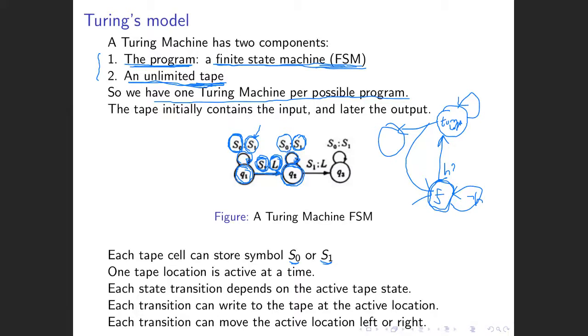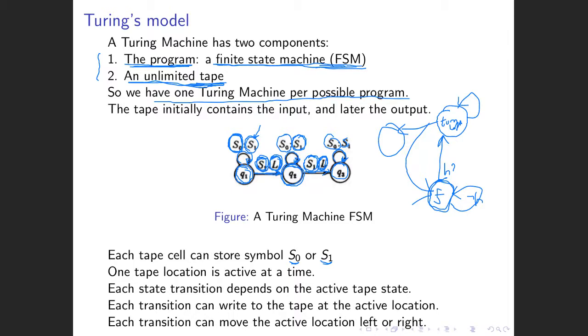Because I've just written a 1, I now don't have a 0 anymore, so I follow this transition because I'm looking at a 1. Again, I move the tape left and go into state Q3. If I'm looking at a 0, I follow this transition, which means I write a 1 and end up in Q3.